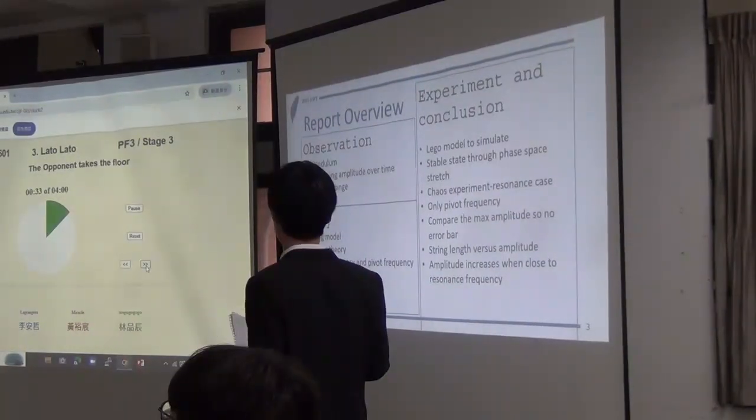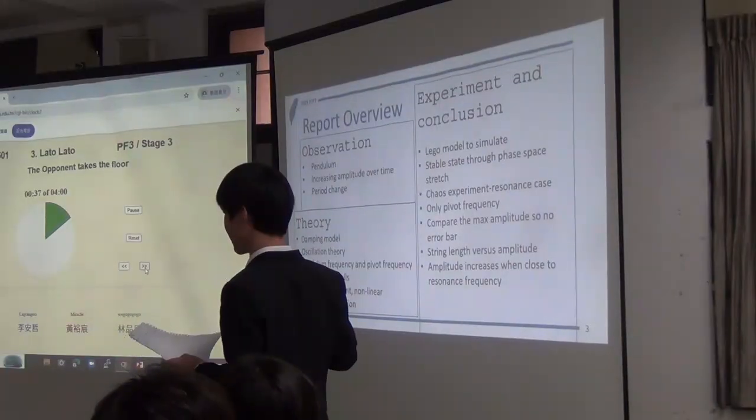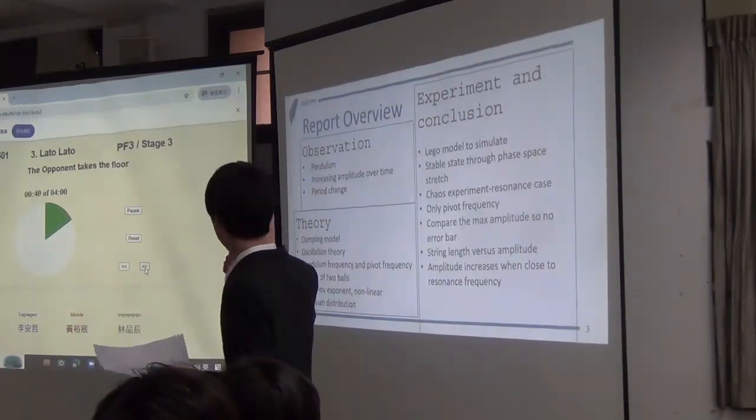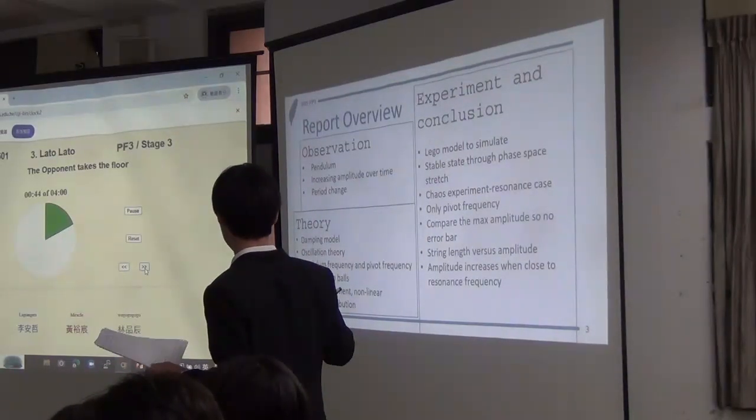Here is the report overview. In the observation, they use the pendulum model and see the increasing amplitude over time.